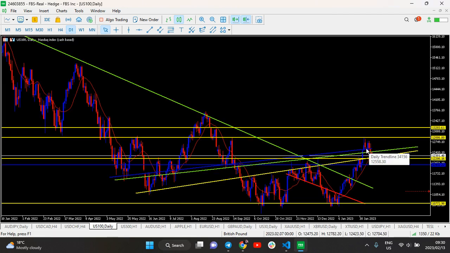And since this is a daily time frame, guys, I believe that we can see a move to 13,200, something like this, or even higher.